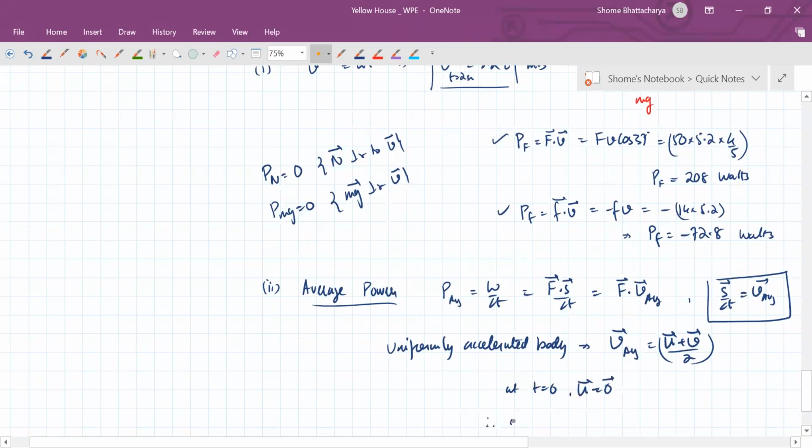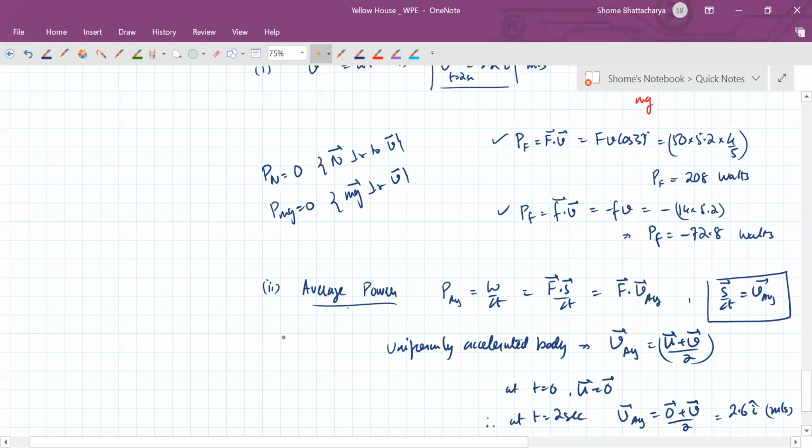So therefore, at t equal to 2 seconds, the average velocity is 0 plus v by 2. So it is just half of what it was earlier. So it is 2.6 i cap in meters per second. So I don't need to recalculate anything over here.